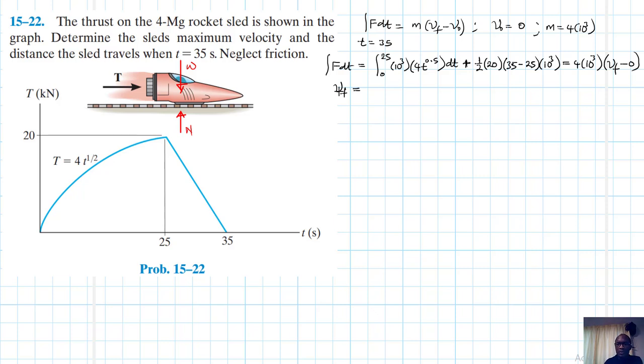let's work it out. So we can work out this one.